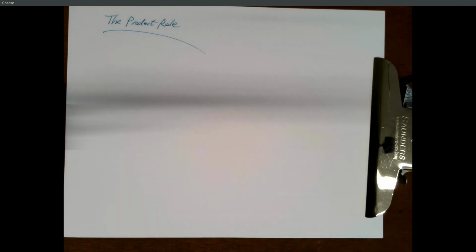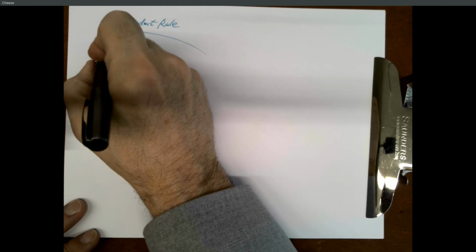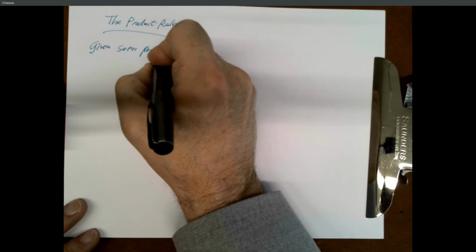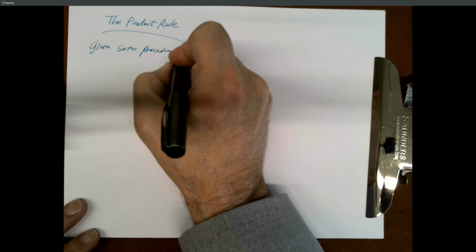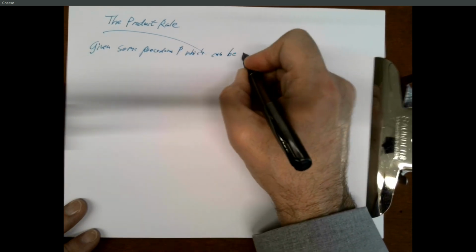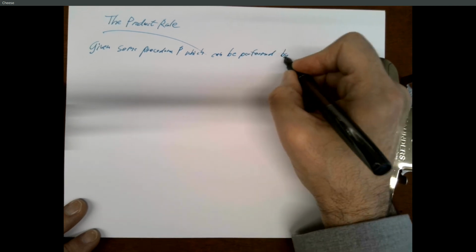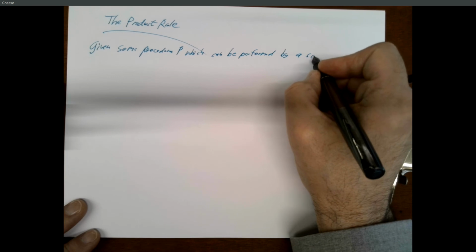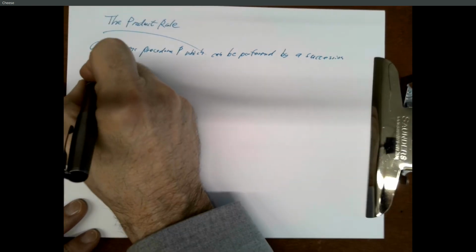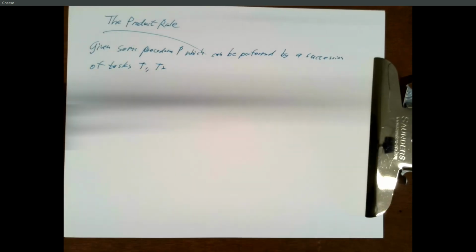So here's the idea of the product rule. Given some procedure, P, which can be performed by a succession of tasks, T1 and T2.